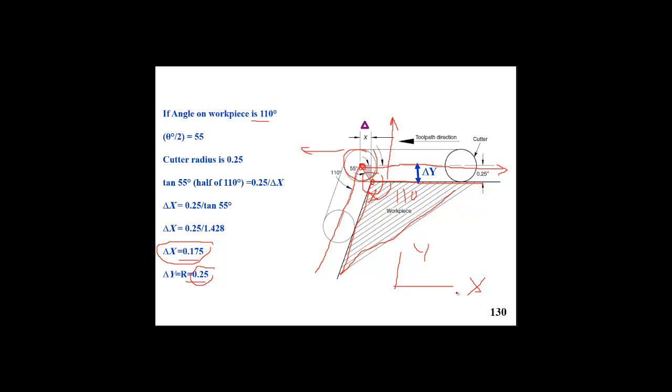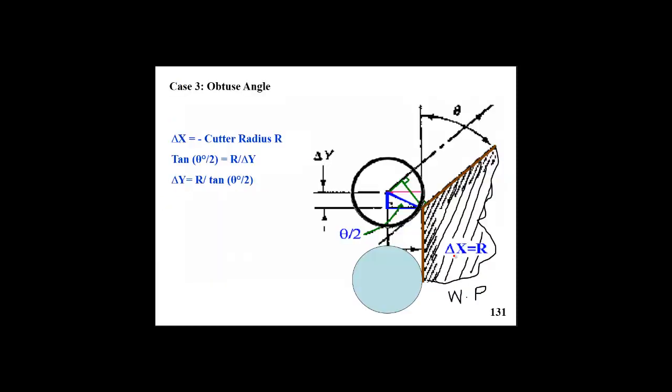Let us take another case, the same obtuse angle, but with one edge parallel to the y-axis, like this case. One edge of the workpiece is now parallel to the y-axis. Again, this is the x-axis, and this is the y-axis. This is the difference between the third case and the second, only a change in the geometry of the workpiece.